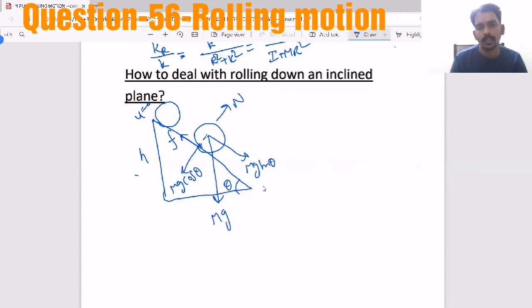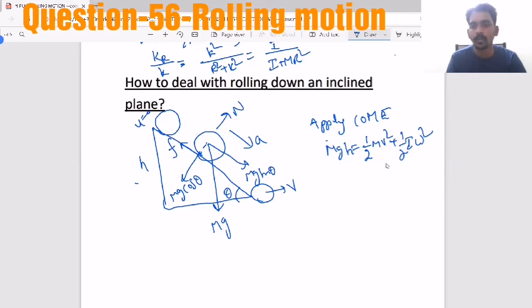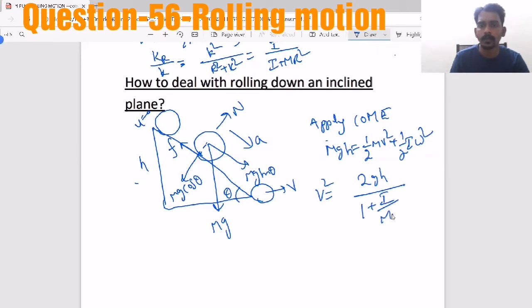One way you can apply that, when it reaches the bottom with velocity v and acceleration a, apply conservation of mechanical energy: decrease in potential energy mgh equal to increase in kinetic energy, half m v square plus half I omega square. If you solve this, v square will become 2gh by 1 plus I by m r square.